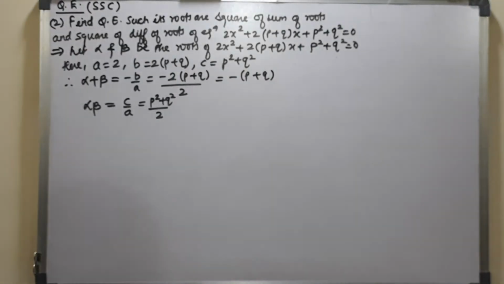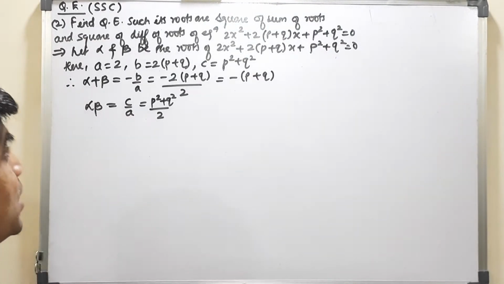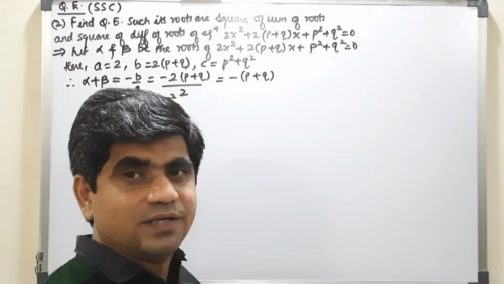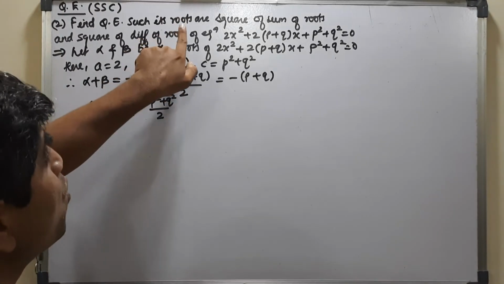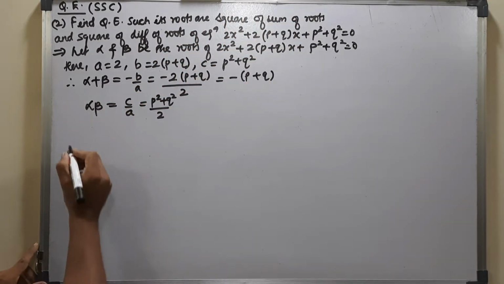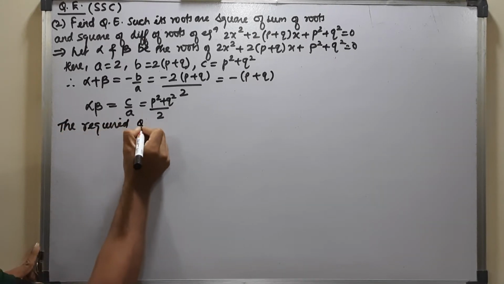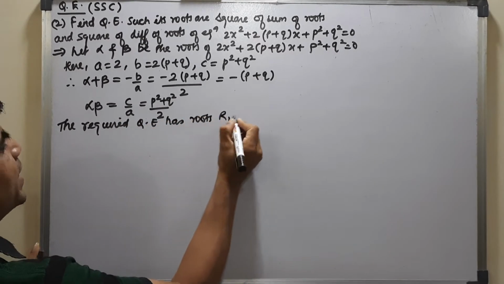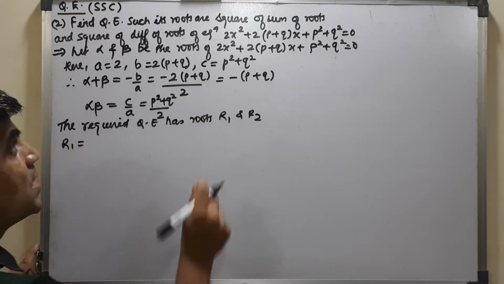So now here alpha plus beta is minus (p plus q), and alpha beta is equal to this, I got. Now if you see what it is saying, I want a quadratic equation. I need a quadratic equation whose root number 1 is the square of the sum of roots, that is the required quadratic equation. The quadratic equation has roots, don't call them alpha and beta, call them R1 and R2, such that R1 is what?